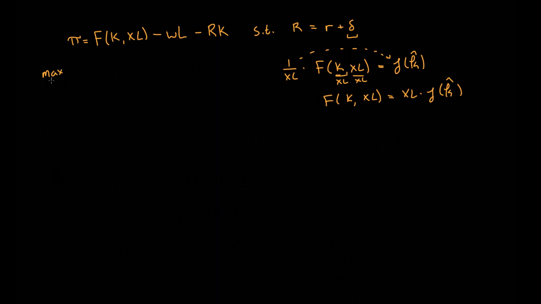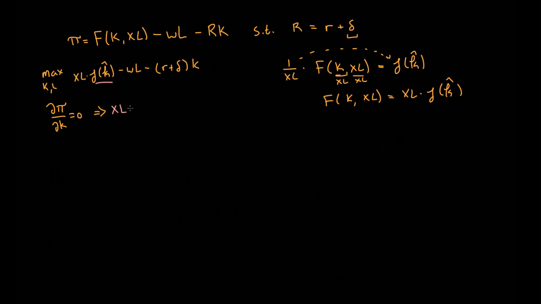So let's rewrite this. We're going to maximize the profit function with respect to k and l, which will be xl times f of k hat minus wl minus r plus delta k. We have two variables, so two first order conditions. Delta pi delta k equals 0. Here we have a k inside, so xl comes for the ride.